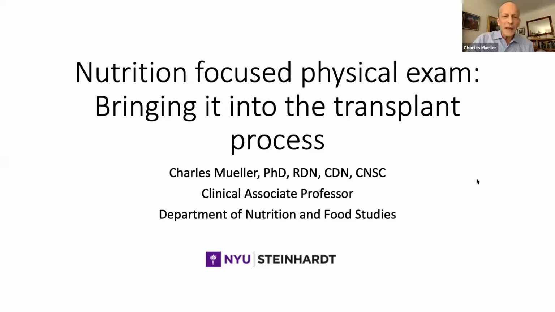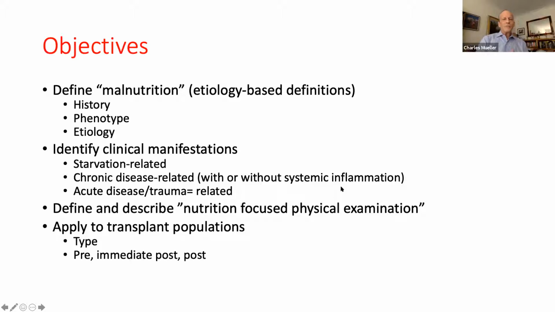So I'm thrilled to be here, and I'm going to try to link our current understanding of malnutrition to transplant populations. To do so, we do have to understand what malnutrition is, because it's been a moving target for decades. So I'll bring you up to date.